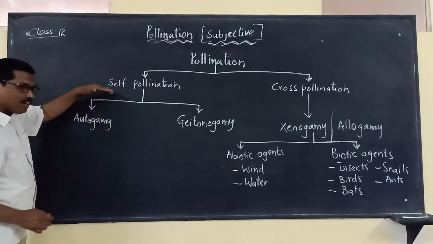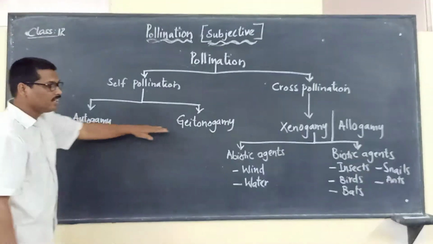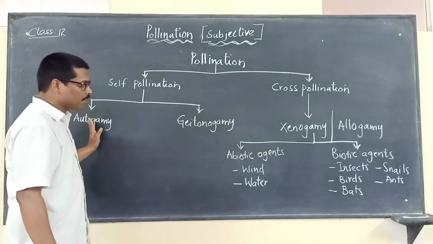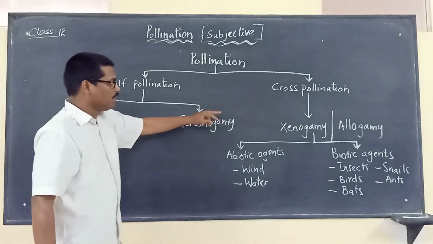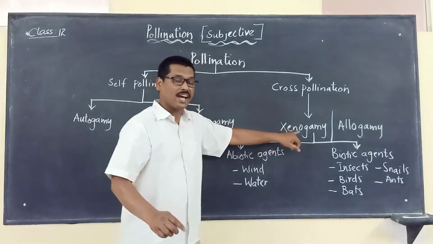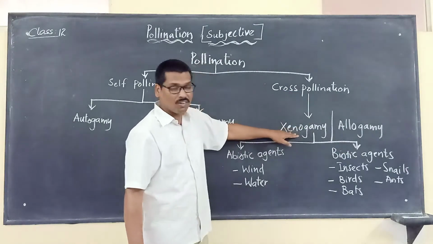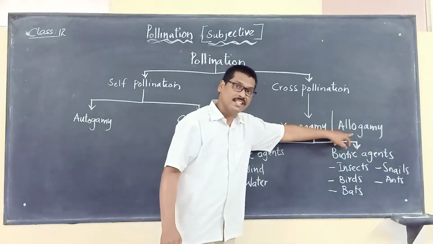Self-pollination is again of two types: autogamy and geitonogamy. Cross-pollination is called xenogamy, or otherwise allogamy.